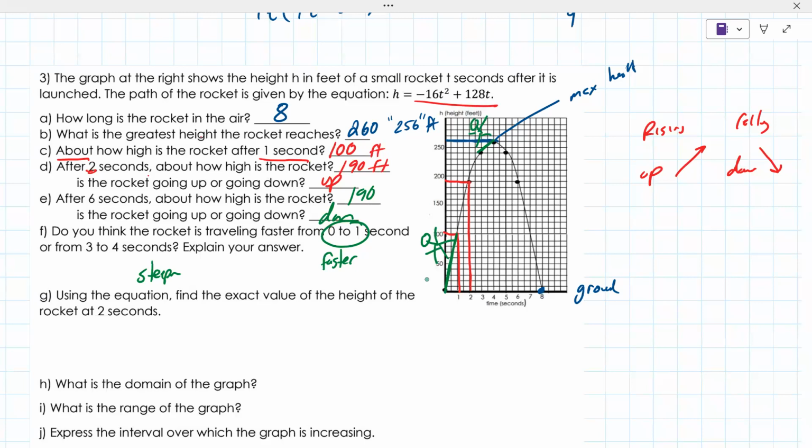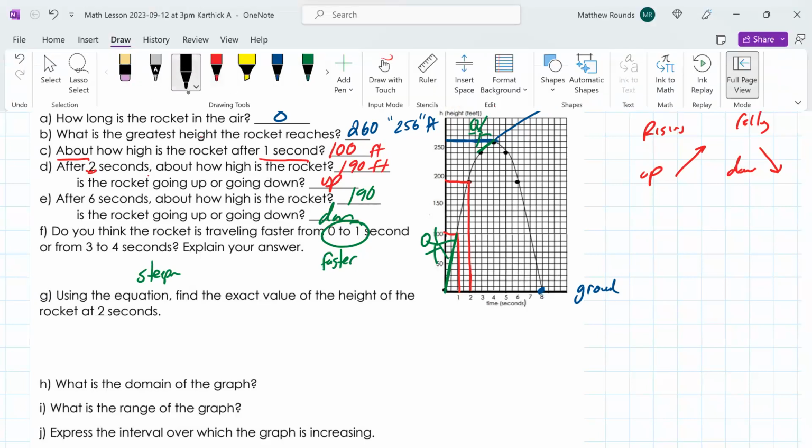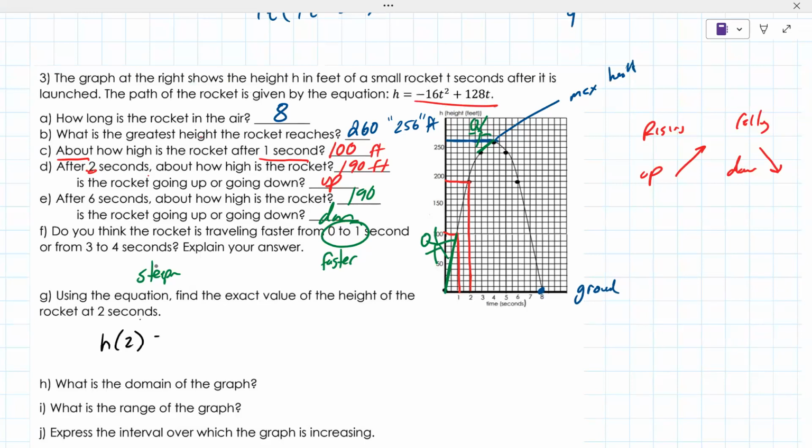All right, using the equation to find the exact value of the height at 2 seconds. To do that, you're going to put 2 in for t. We're just using the given equation there.